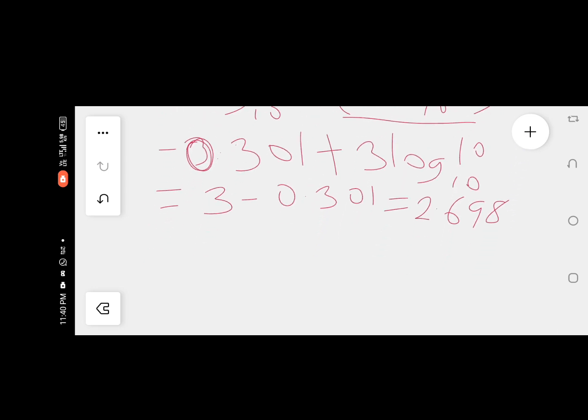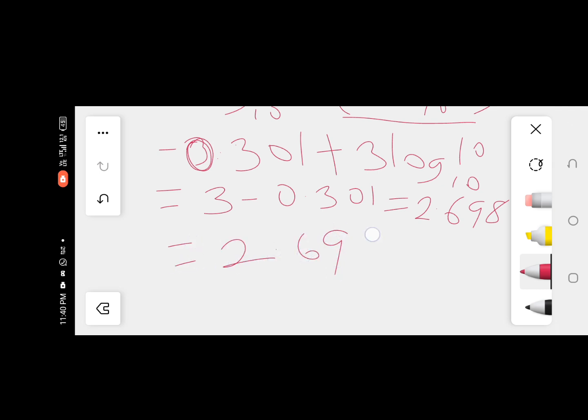So your final answer will be equal to 2.698. That is the answer. You can punch it in your scientific calculator to confirm what is the log 10 of 0.002. You are going to see that your answer will be 2.698. I hope that is clear.